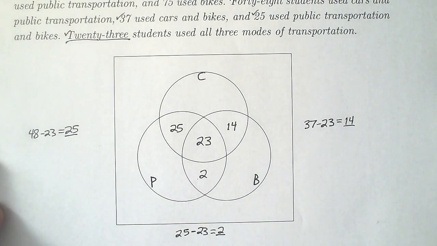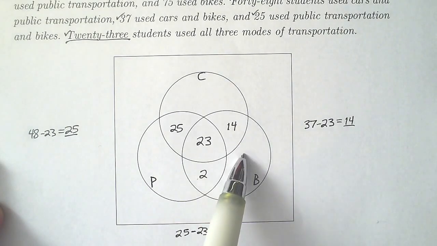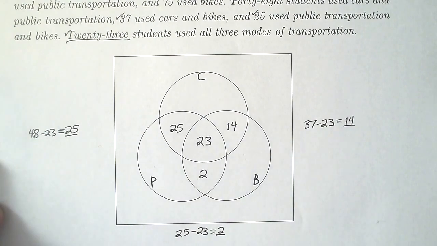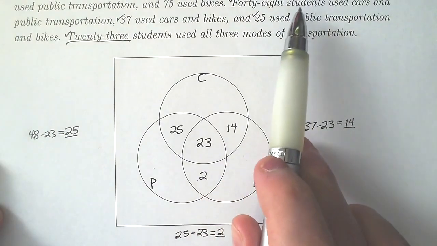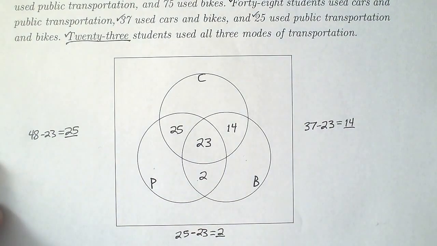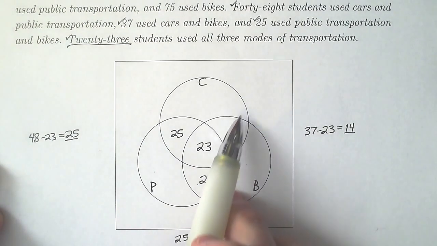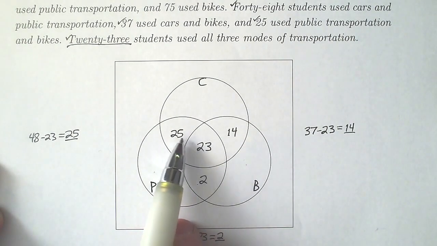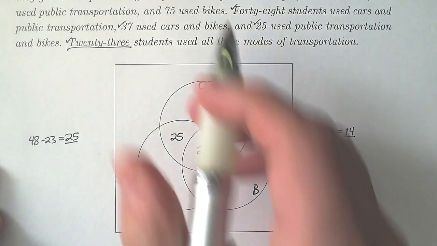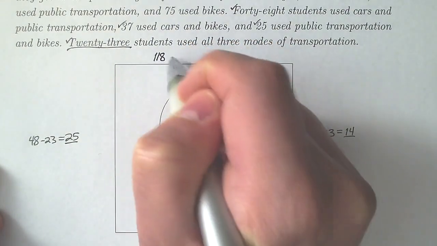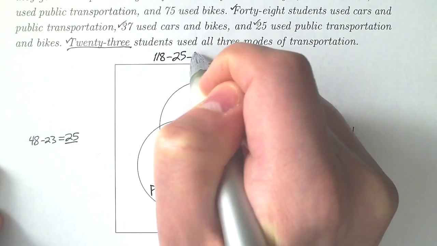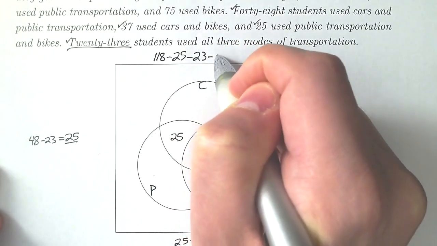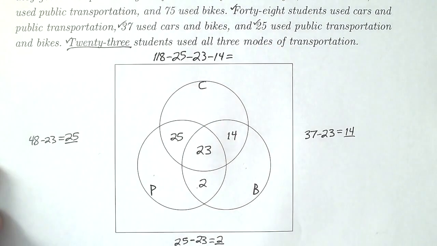All right, well, we're working our way out. So next we're looking at these bigger shapes and looking at other sentences here. It says, of those surveyed, 118 used cars. So do I have 118 students in here so far? No, I have some of them. Let's do 118 minus the 25 I already did, minus the 23 we already did, minus the 14.